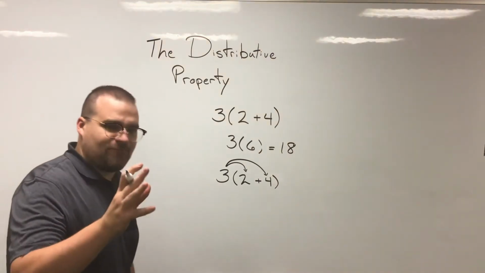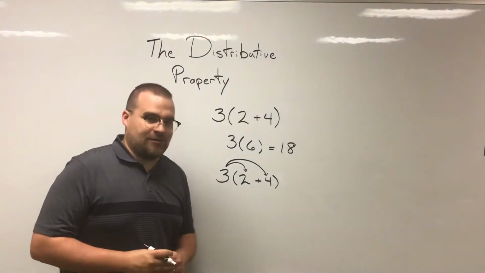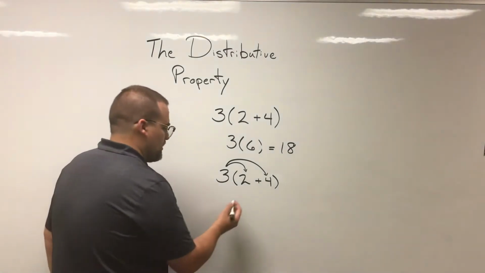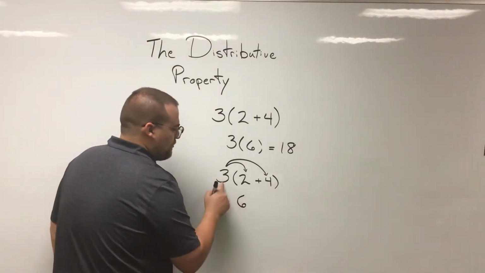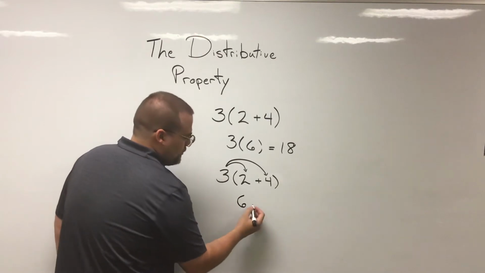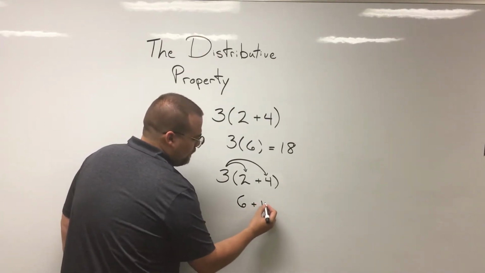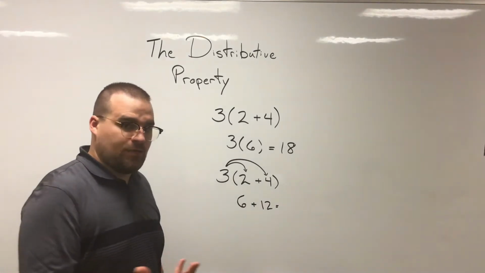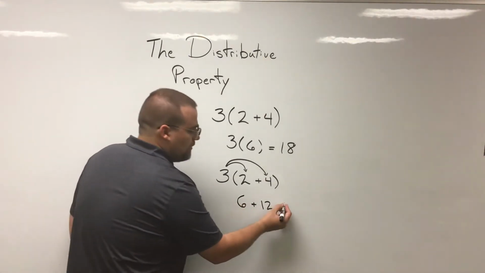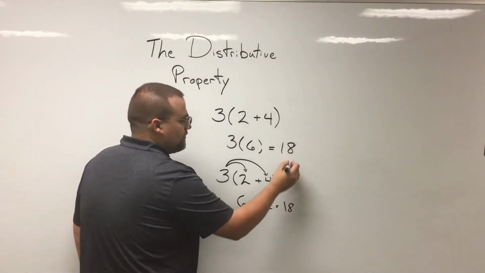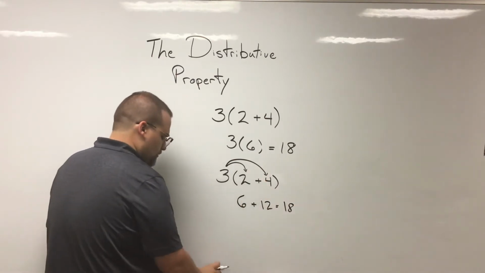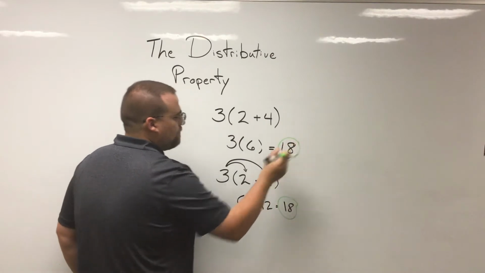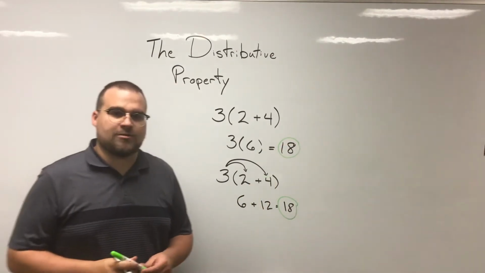We're going to do that first, then we'll add. So 3 times 2 is 6, and then 3 times 4 is 12. And then we go ahead and add. We do the operation between them. 6 plus 12 gets us 18, just like we got when first solving the problem using our traditional means.